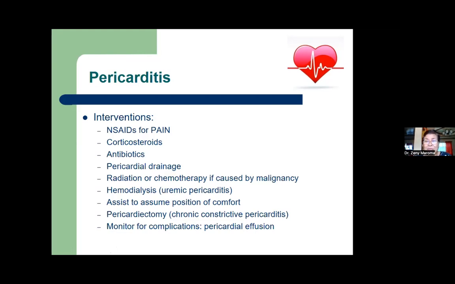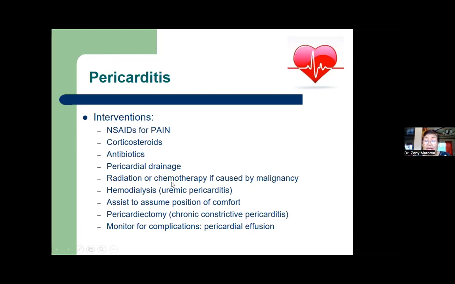Mechanical removal of the fluid is called pericardial drainage. It can be done by the use of a syringe and needle, pericardiocentesis, or by the insertion of a tube, which is pericardiostomy. If the volume is only minimal, a tube is inserted, to decrease the pressure inside the pericardial cavity.